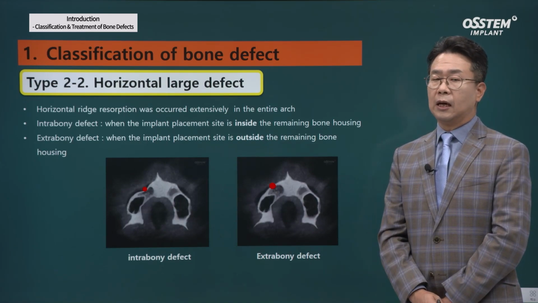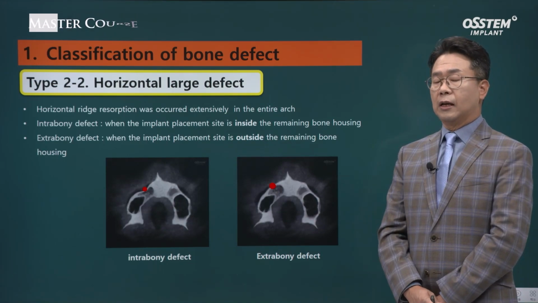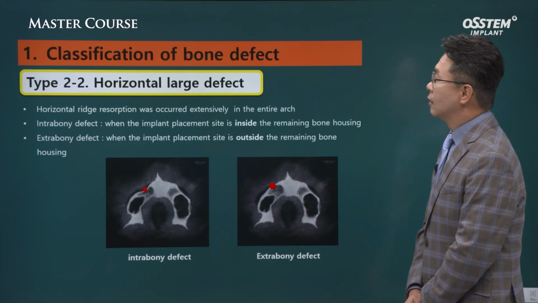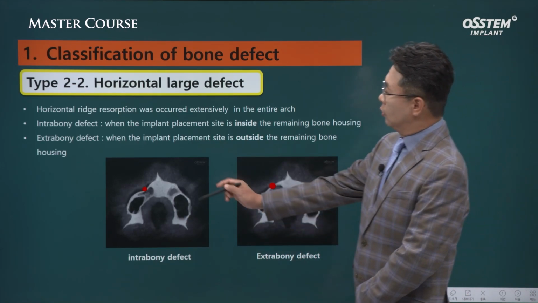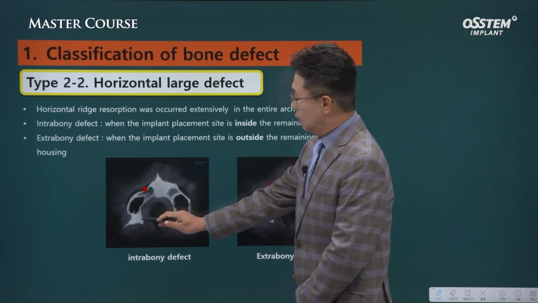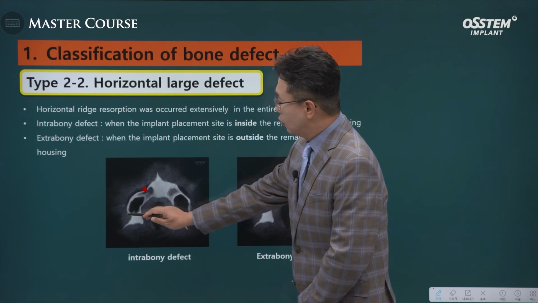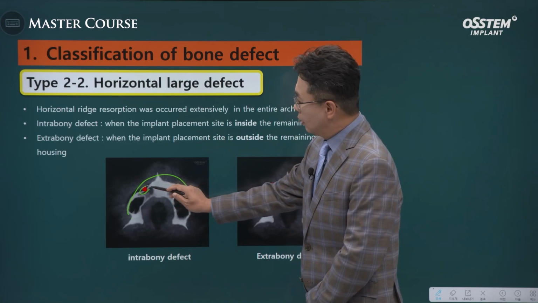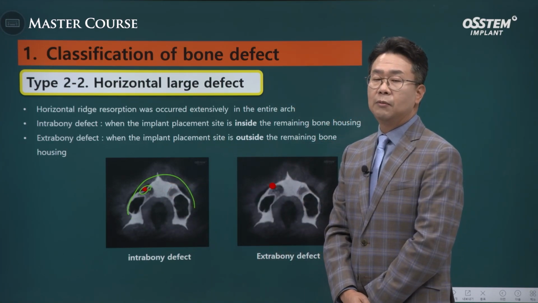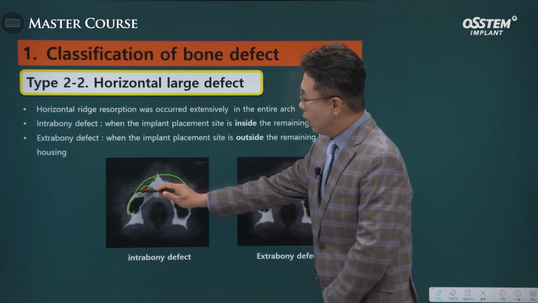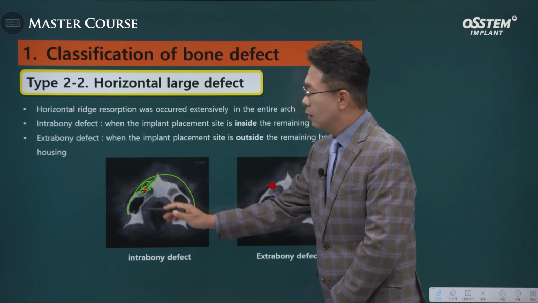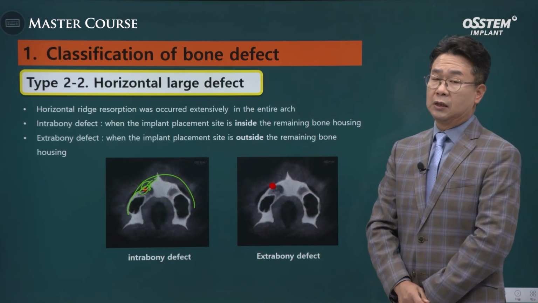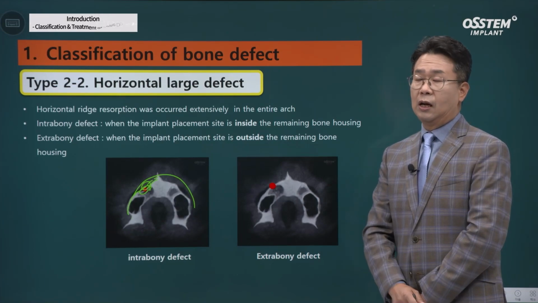It does not involve one or two teeth, but involves 3 or more or the entire arch. As shown here, if you look at the contour of the alveolar bone, it's like this. If we are to place implant here, it is within the boundary of adjacent bones, so it is intrabony defect.